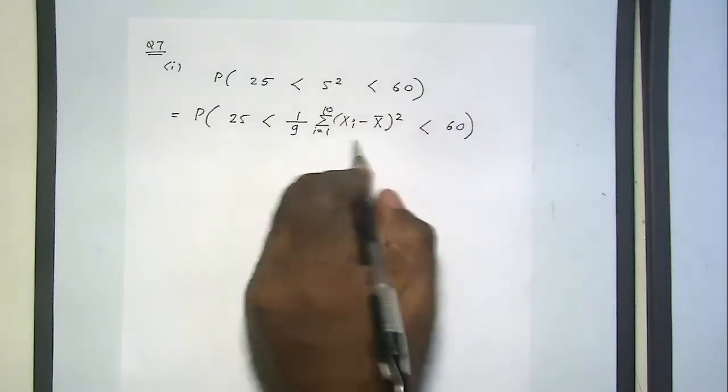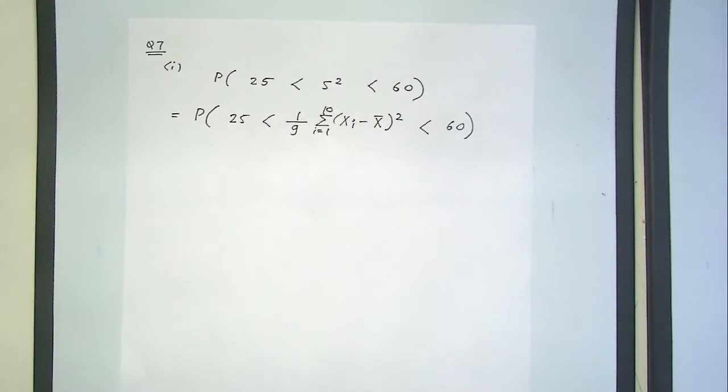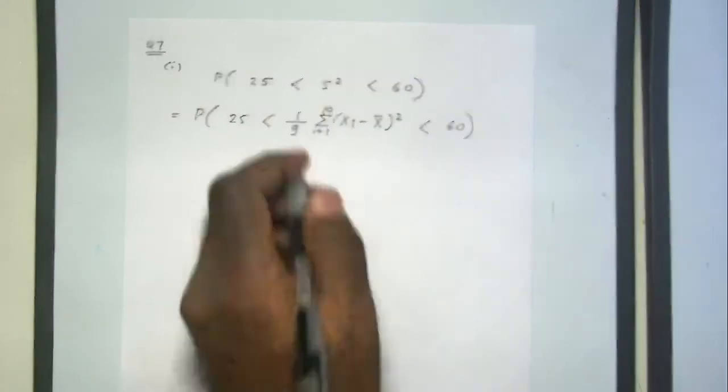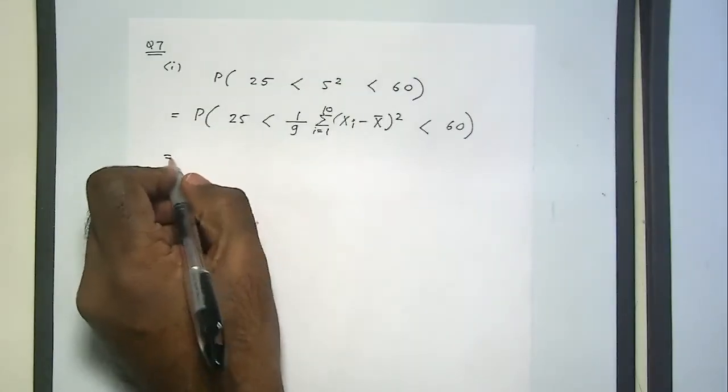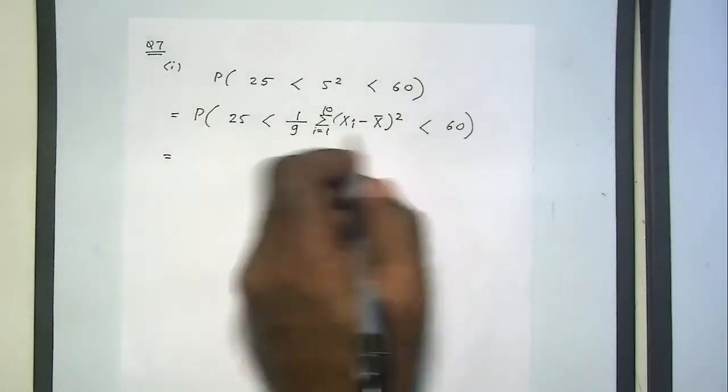This is the formula for the sample variance: 1 over n minus 1 times the sum of xi minus x bar squared. Right? Yes? Now the next thing I'm going to do is multiply all the numbers here by 9.